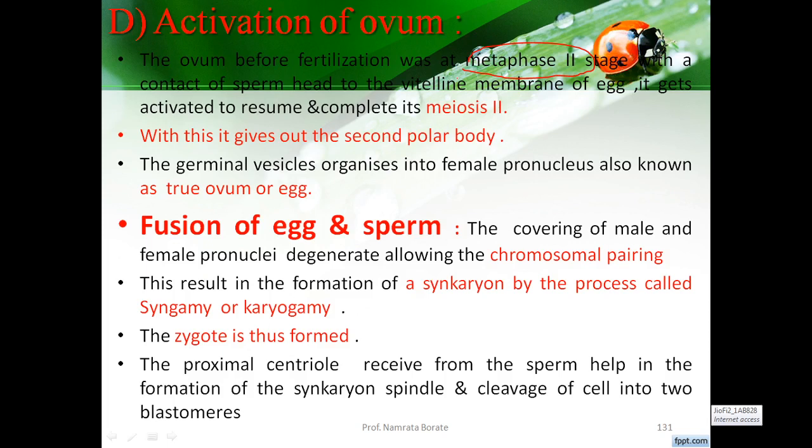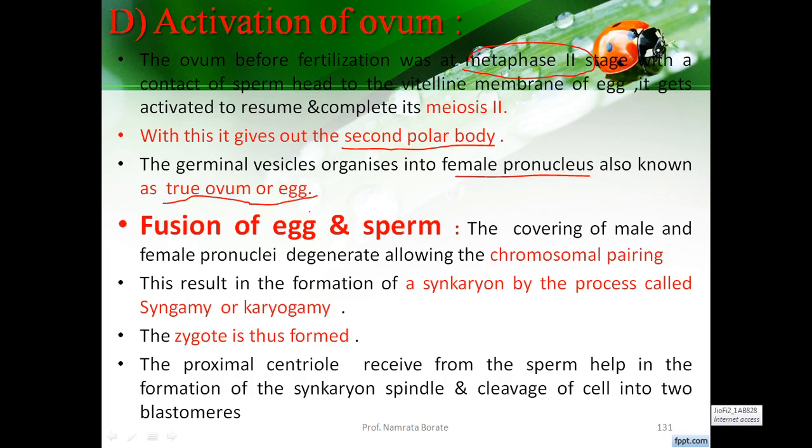When meiosis second division occurs, there is a formation of the second polar body and a single haploid oval structure is formed, called the female pronucleus. This female pronucleus is called the true ovum, or the egg.